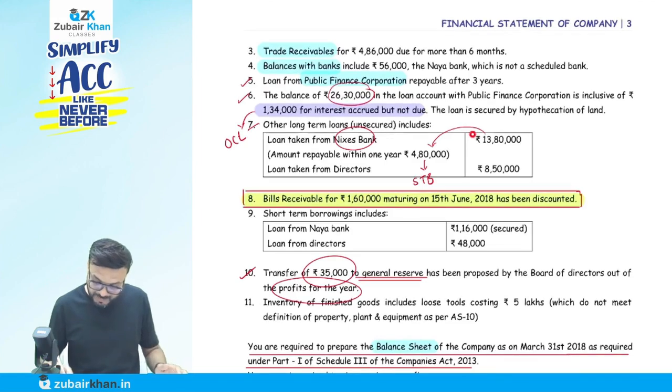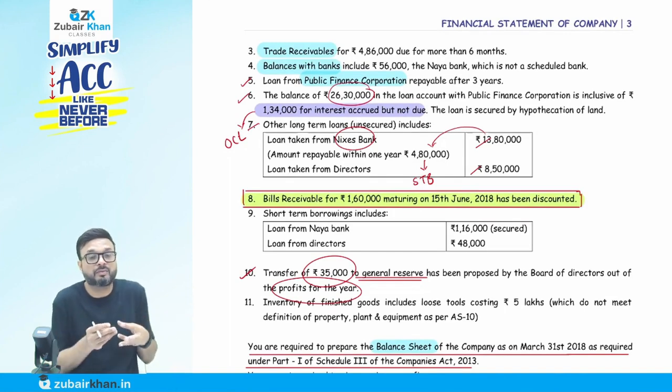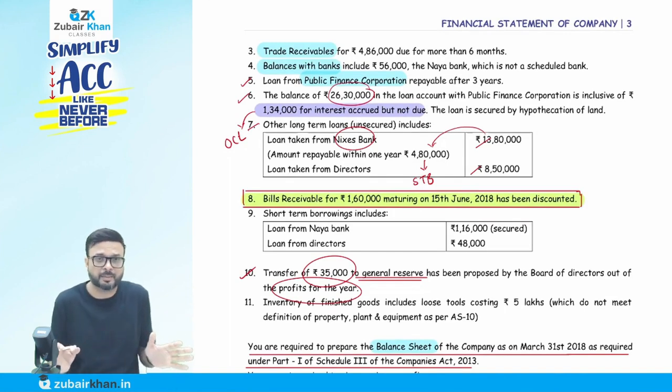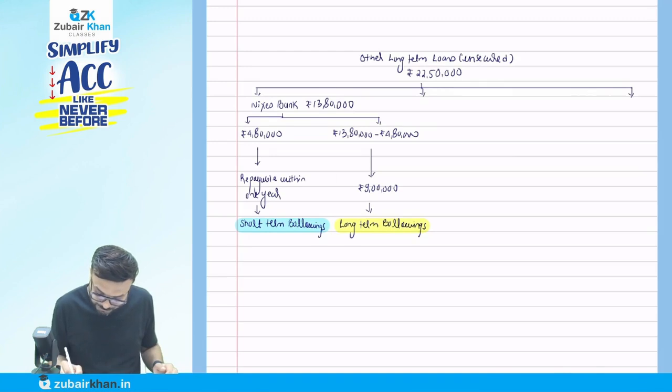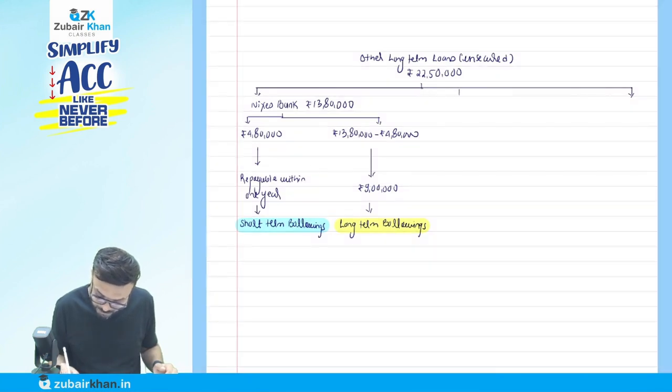But they also mention that here is the loan taken from the directors. If you remember, when we are discussing notes, any loan that we have taken from the directors or a related party, we have to mention separately. How much is it? 8 lakh 50,000. So write down here loan from directors.